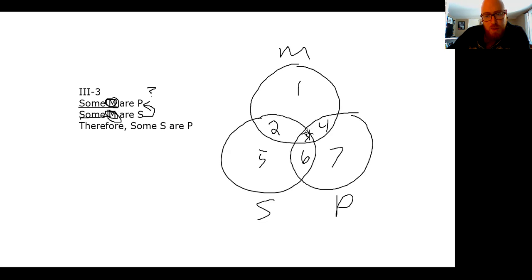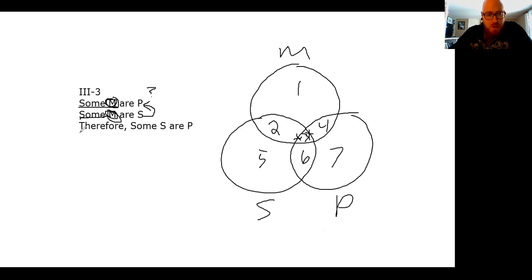Likewise, if I put it in region 3, I'm saying it's an M, it's an S, and it's a P. But I'd be saying more than what I'm actually given in the premises. So for premise 2, the minor premise, there's at least one M which is an S, I would put my X again on the line separating those two regions.